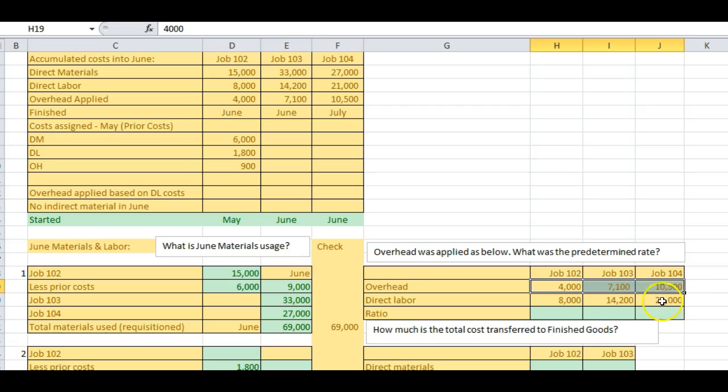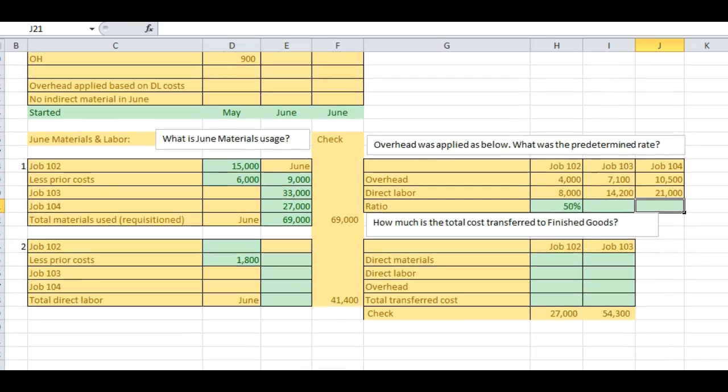What is the ratio from overhead to direct labor? How do I find that? Well, if I take the overhead and divide it by the direct labor, I find it's 50%. And my guess is if you go down the line here, it's going to be 50% also. So that's question 2, and that's how you calculate it.